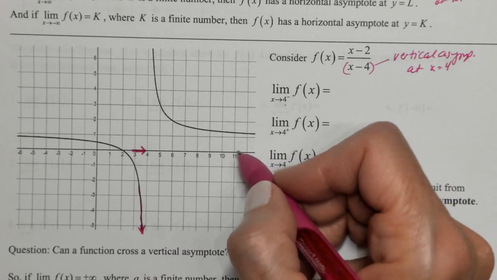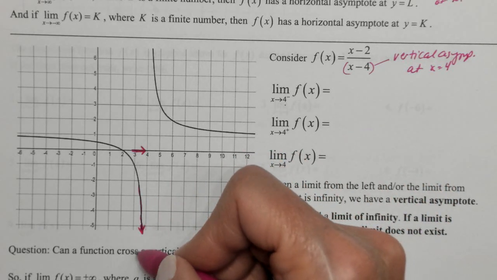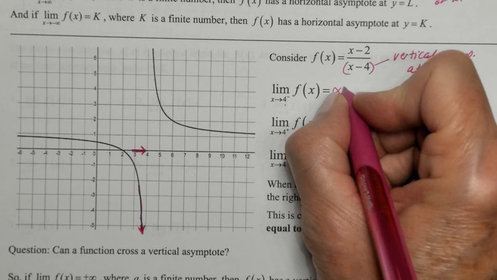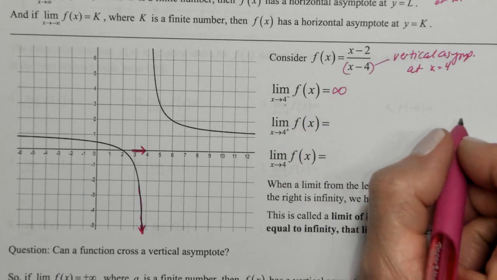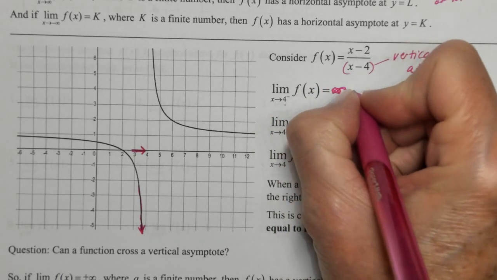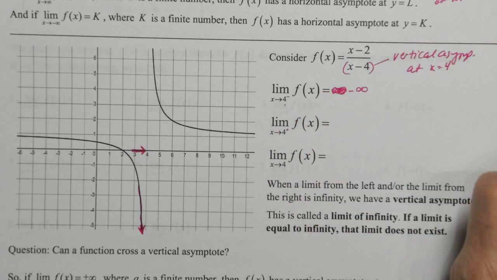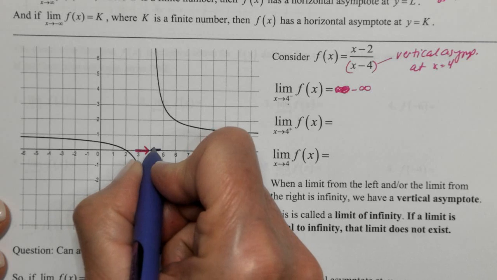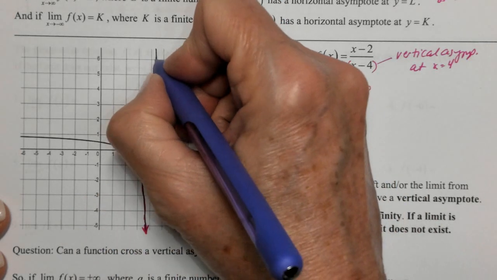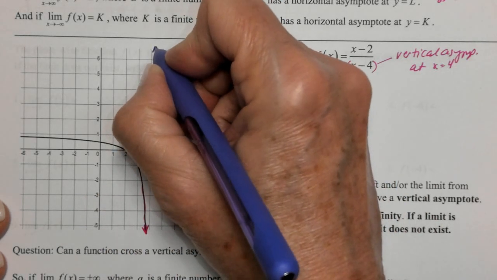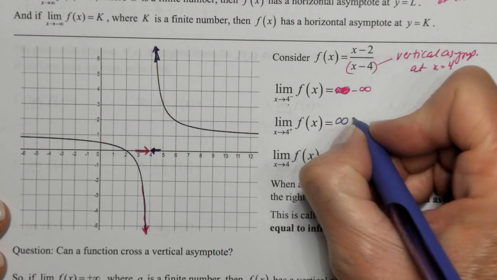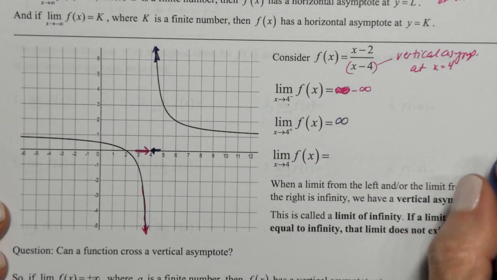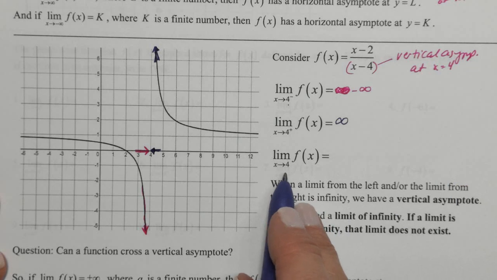Well, y is going to negative infinity. What happens as x approaches 4 from the right? Well, from the right, the function value is going to positive infinity. What is the limit as x approaches 4?